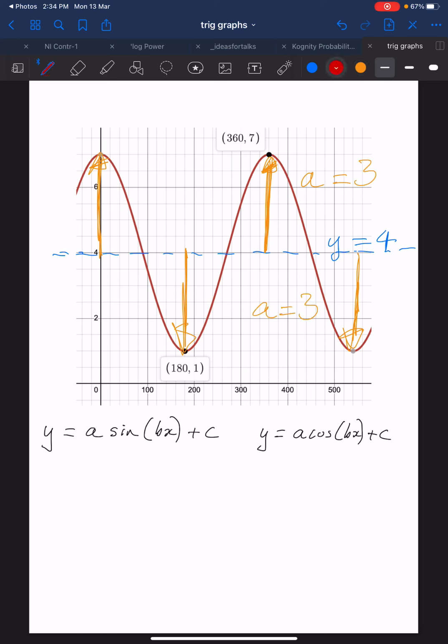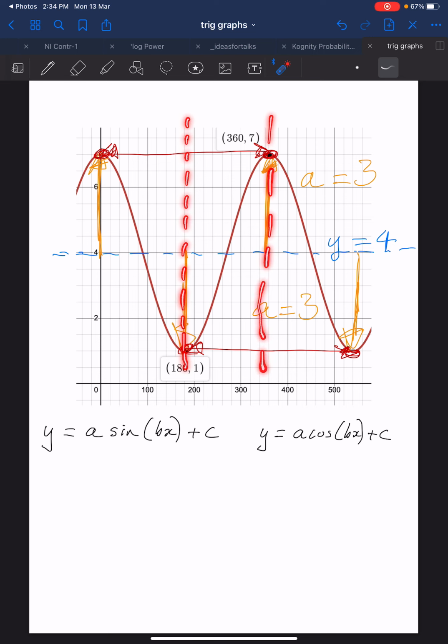And finally, we need to work out the period. So the period is this distance from maximum to maximum, or it's this distance from minimum to minimum. Or what we can do also is we can go from the minimum to the maximum, this distance, and we can times it by 2 because you can see that that's doubled to give the period.